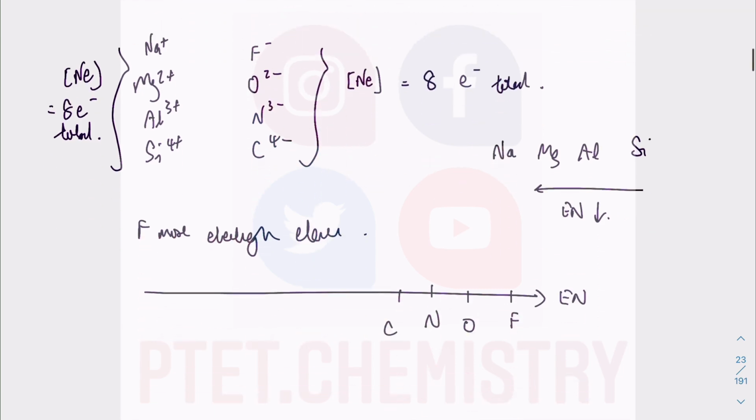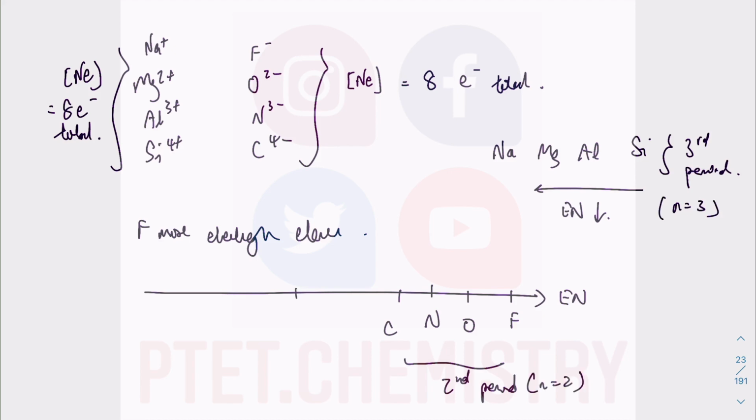So these are second period, and these are all third period from your periodic table. N equal to 3, third shell; N equal to 2. So therefore, we can establish this as silicon, aluminium, magnesium, and sodium.